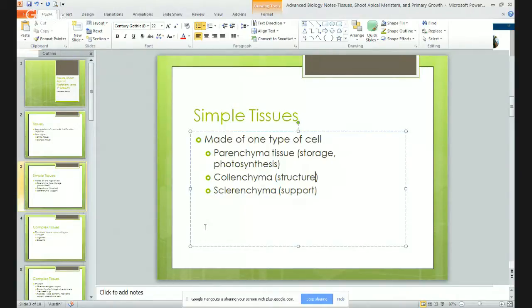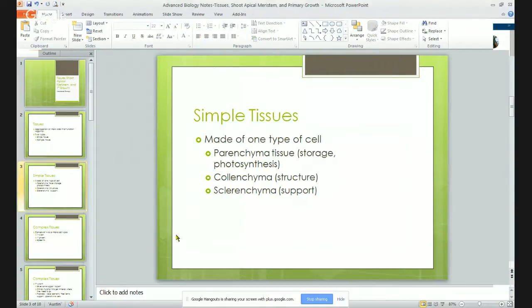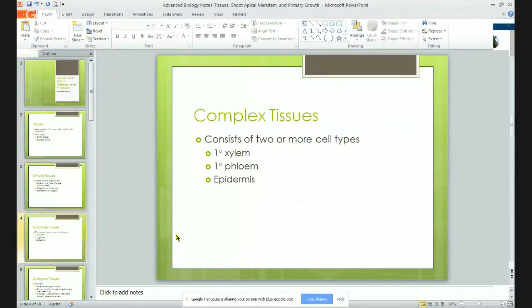So those are the different types of simple tissues, just parenchyma tissue, collenchyma tissue, sclerenchyma tissue. So we're essentially talking about a collection of parenchyma cells working together, or a collection of collenchyma cells, etc. Your complex tissues are going to be made up of more than one type of cell.